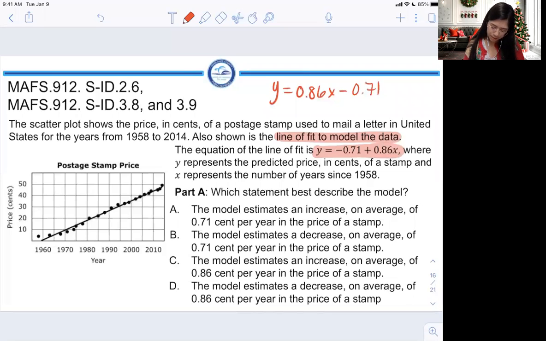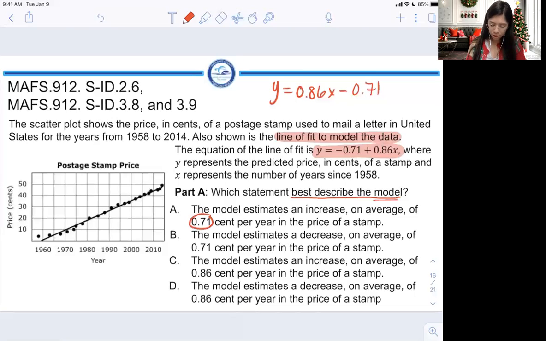Which statement best describes the model? The model being that equation. The model estimates an increase on average of 0.71 cents per year in the price of a stamp. True or false? False. What is 0.71?